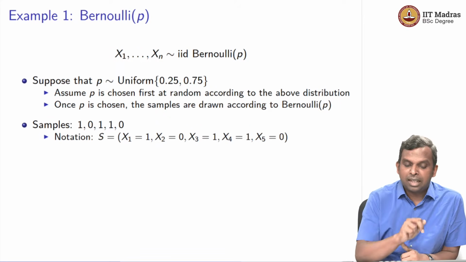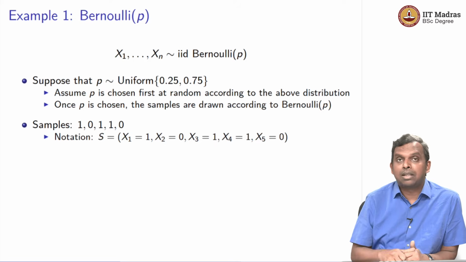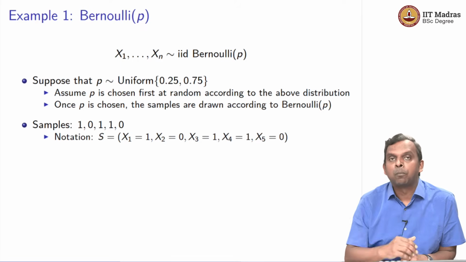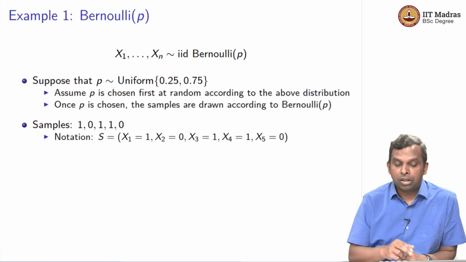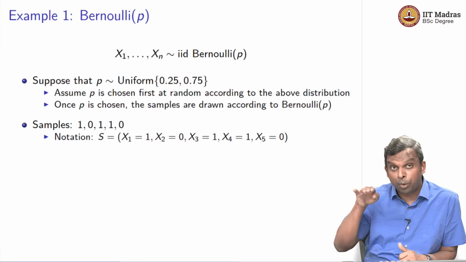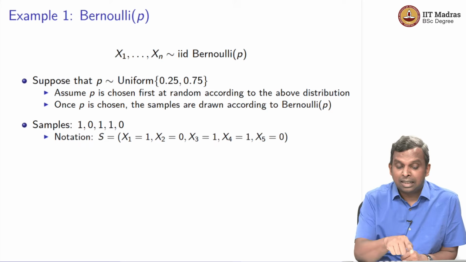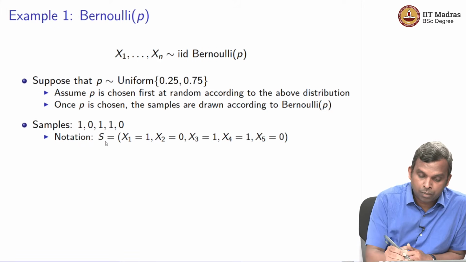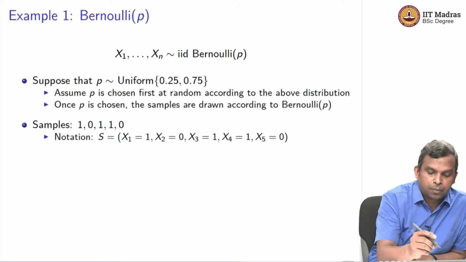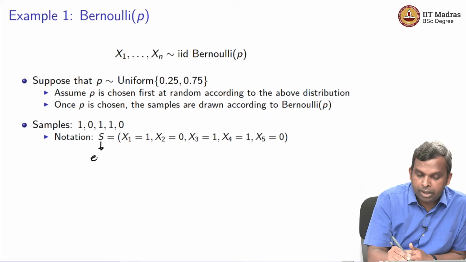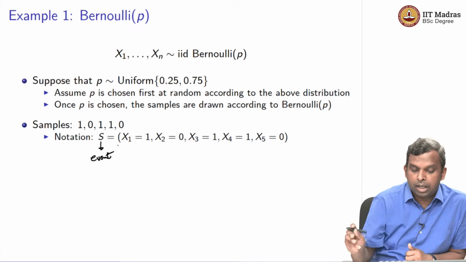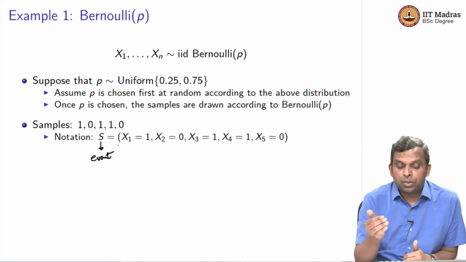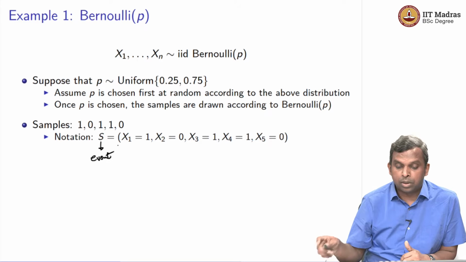To denote this event, remember that the samples 1 0 1 1 0 are actually an event. It's some exact event that happened in your sampling. So what is that event? If you want to write it down properly in terms of the random variables, that event S is x1 equals 1, x2 equals 0, and so on.